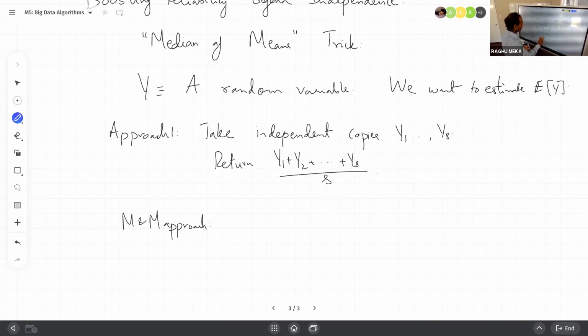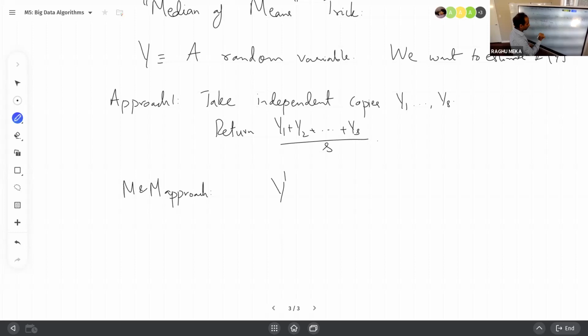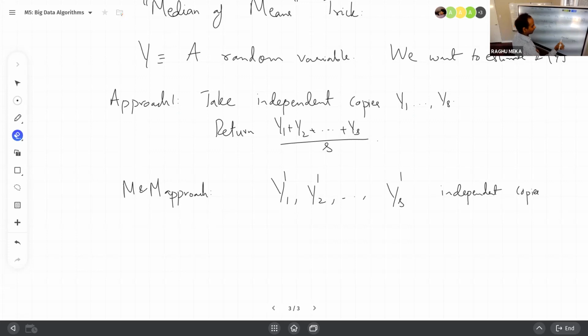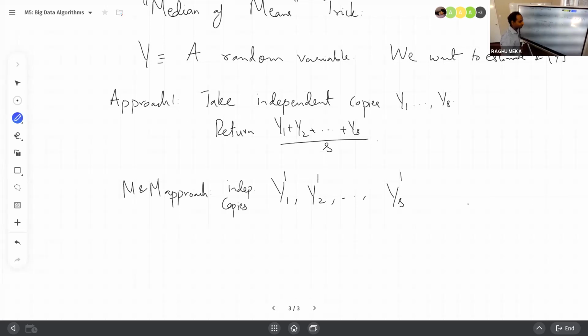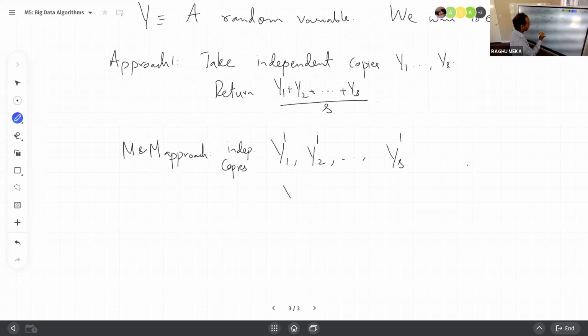So I take y11, y12, ..., y1s. Then I also take more independent copies.